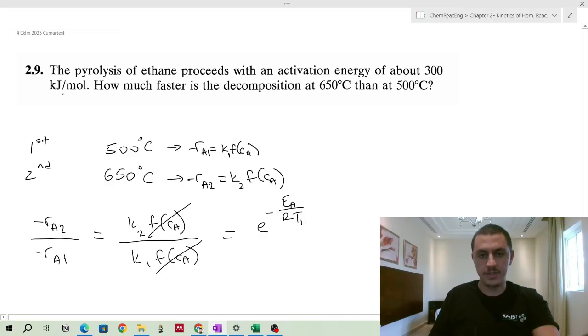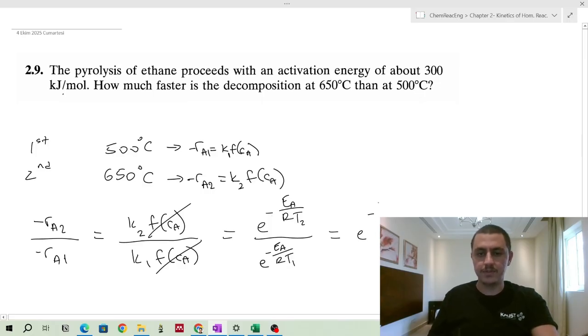So this is T1, T2. But activation energy is a property of this reaction, so it will not change. But temperatures are changing. So that means actually if you have something like same term, but powers, one is on the numerator, other is in denominator, that means you just subtract them.